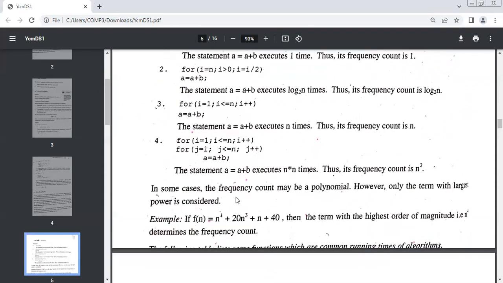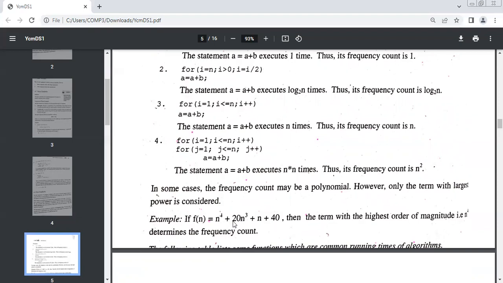In some cases the frequency count may be polynomial. Means here is an example where a polynomial function is given: n raised to 4 plus 20 into n raised to 3 plus n plus 4. Then the term with the highest order of magnitude, means which term in this polynomial has the higher magnitude? n raised to 4.